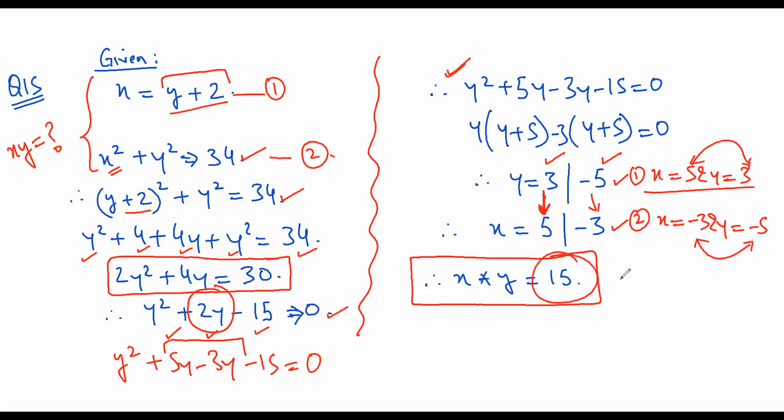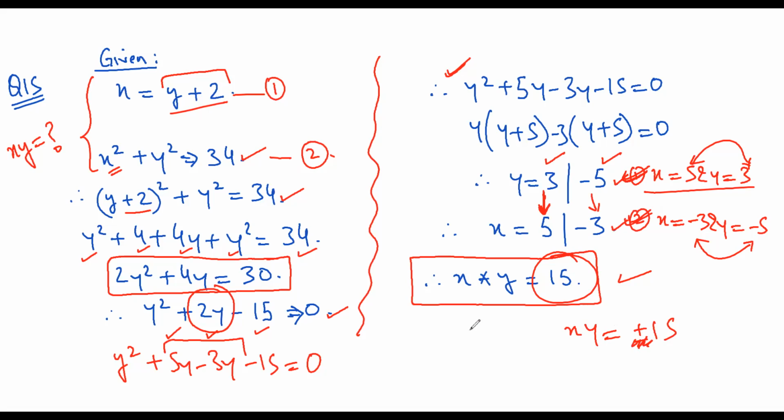So that is why plus 15 is your only answer. Any doubt? No, sir. You need to take care that you do not write xy as plus minus 15. It is not minus, because these are the only two pairs that are the solution. Any doubt? No, sir.